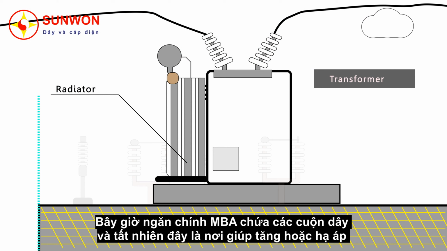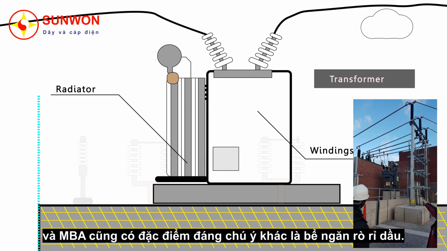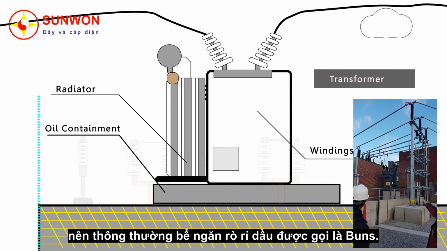Now the main chamber houses the windings, and of course this is where the electrical role of the transformer is carried out, the stepping up and the stepping down. Another noticeable feature is an oil containment measure. Transformers contain lots of oil, and if they leak, there has to be a way to contain that oil. Sometimes these are called bunds.